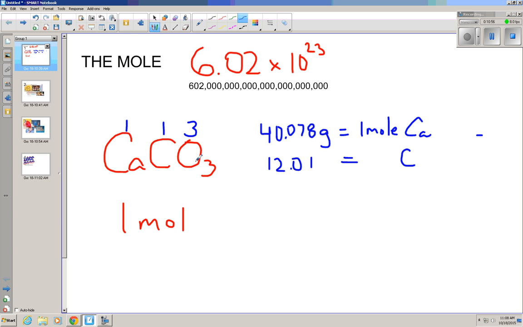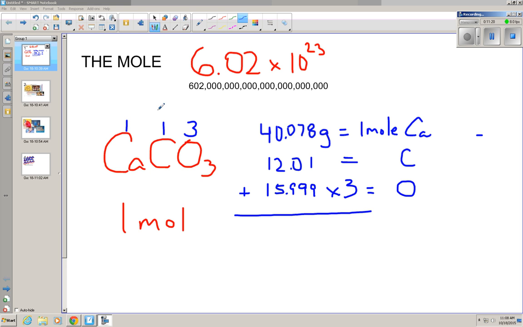And now I've got 3 oxygens, and oxygen has a mass of 15.999, pretty close to 16, I know. So if I take 15.999 times 3, that will get me the mass of oxygen in this formula. And what I can do is add up all 3 of these numbers, and I will get the mass of the entire compound.